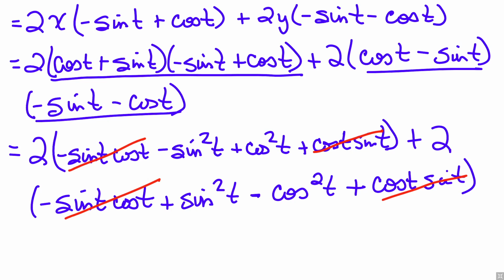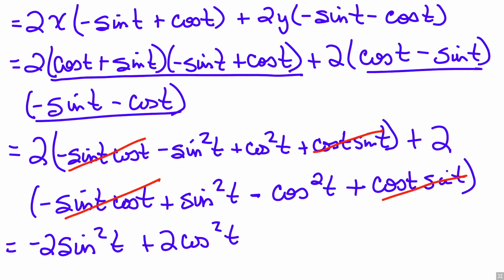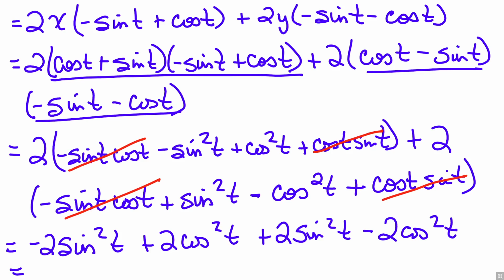So we end up with negative 2 sine squared t plus 2 cosine squared t plus 2 sine squared t minus 2 cosine squared t. So essentially we end up with 0. So there's our derivative. Any questions?